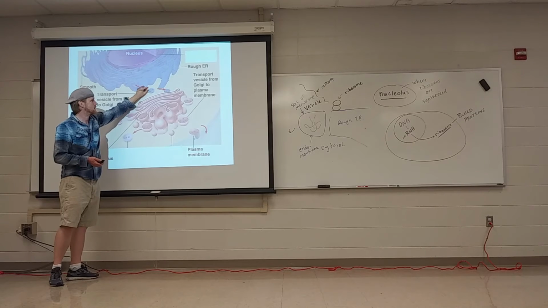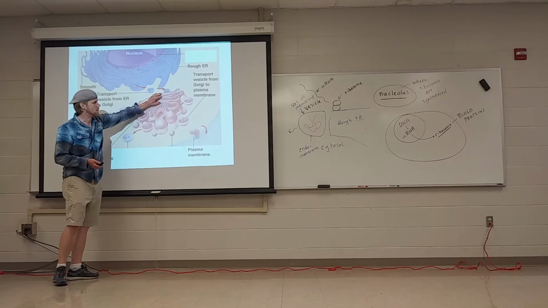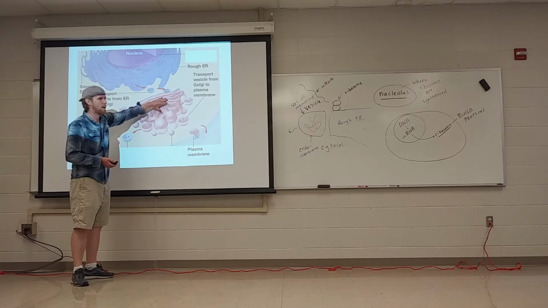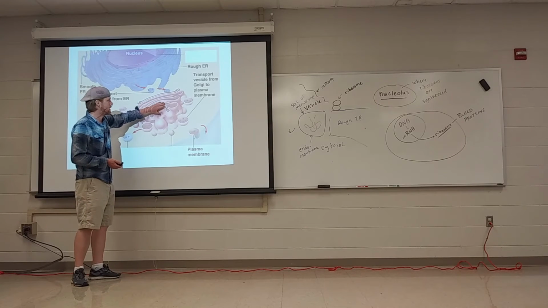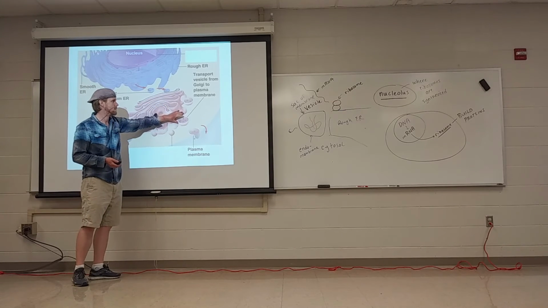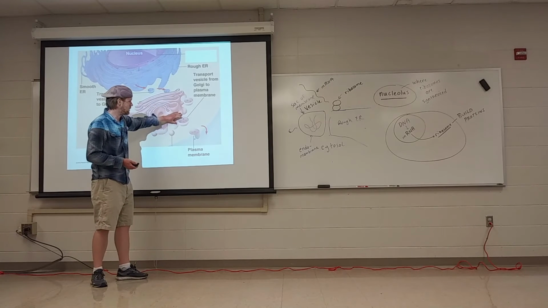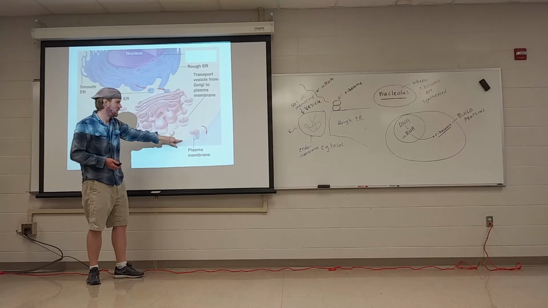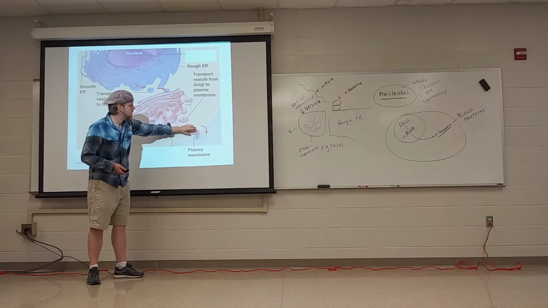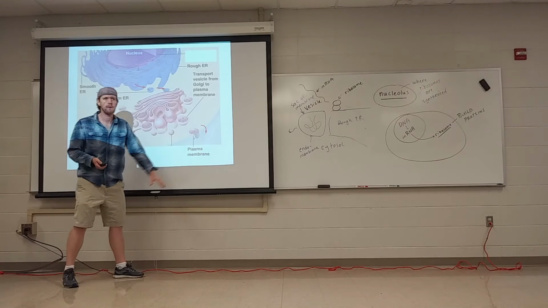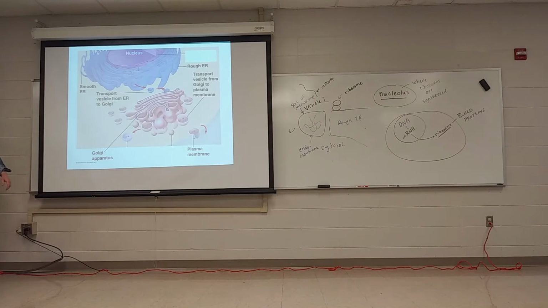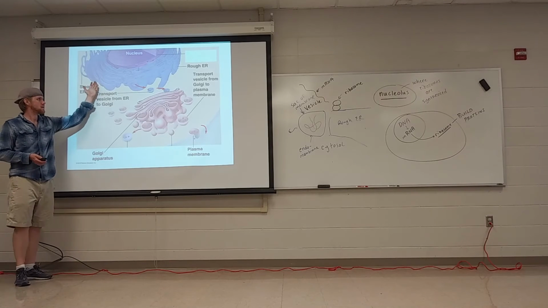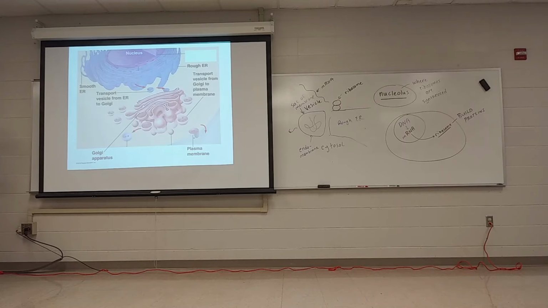Proteins travel by vesicles to the Golgi body, where ultimately they travel through it, modified, packaged as necessary. A secretory vesicle transports it out of the Golgi body to the end of the cell. This is the outer membrane, where that vesicle can fuse and release the proteins into the extracellular fluid to go wherever they need to go. So that is effectively how proteins get produced within a cell.